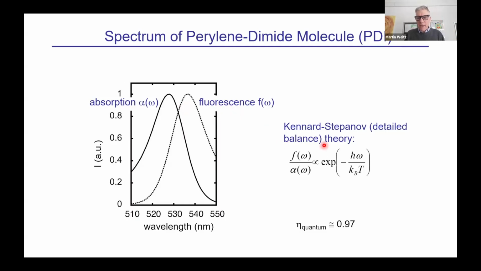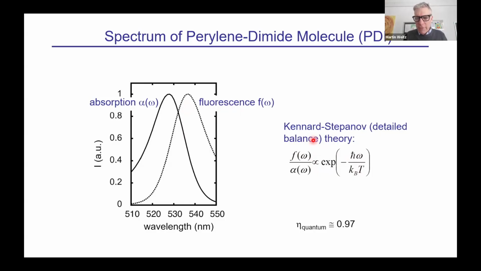In particular, between the fluorescence and the absorption probability, it turns out there's a Boltzmann-like scaling, e to the minus ħω divided by kBT, the photon energy divided by the thermal energy. And this follows from detailed balance, as I will talk about in a few minutes.